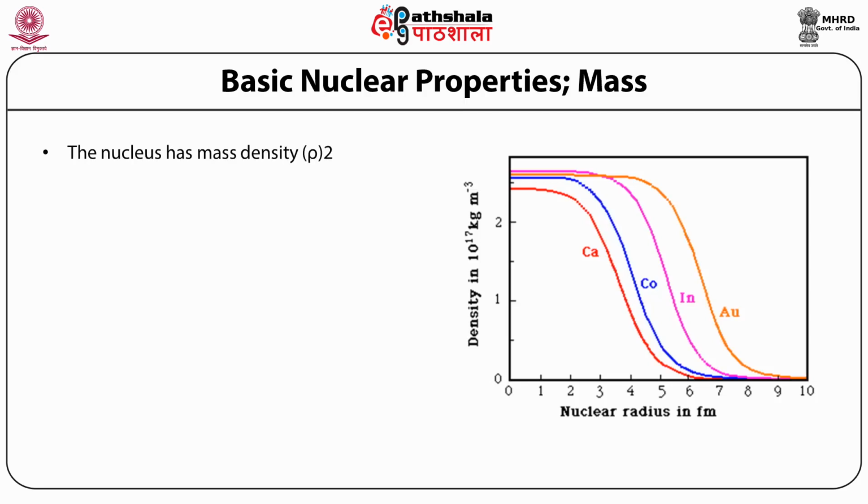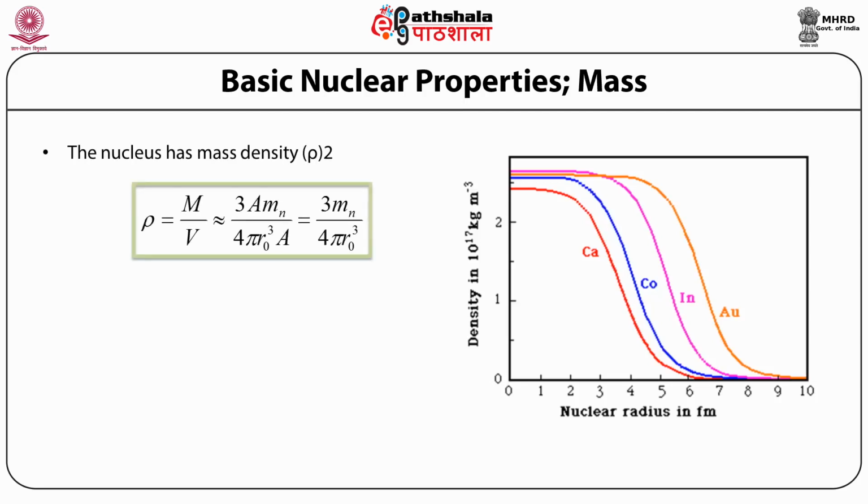The nucleus has mass density rho. So mass density rho is equal to m by v. When we solve this, m is equal to, if the mass number of the nucleus is A, A into mn, because protons and neutrons are almost equivalent in mass. And v can be represented as 4 by 3 pi r cube, because the nucleus is spherical.